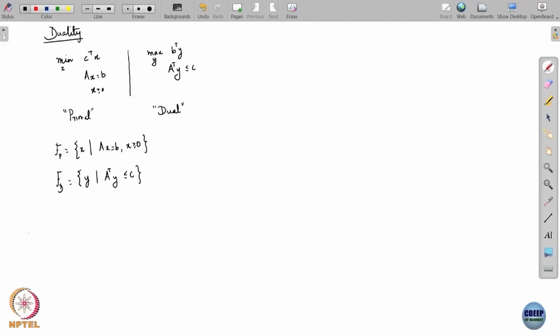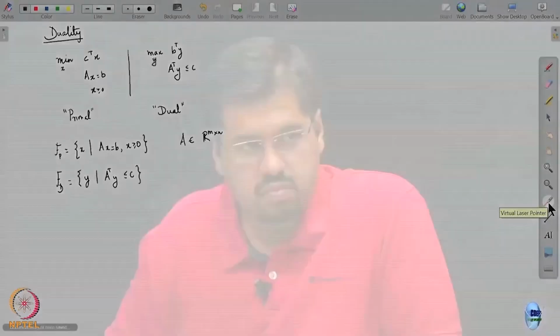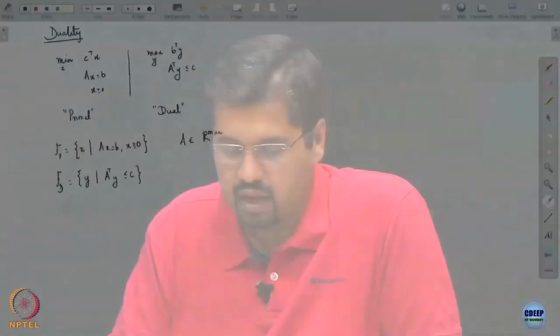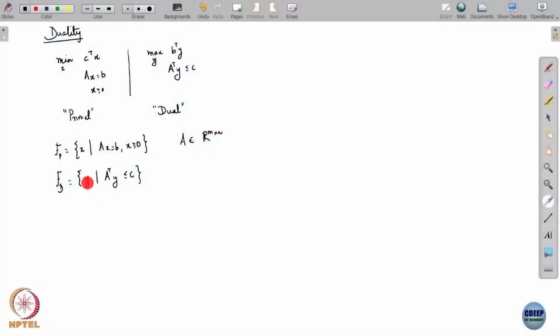Now, can someone tell me what are the spaces that these sets lie in? What is the dimension of x and what is the dimension of y? Suppose my matrix A is an m cross n matrix. Yes, x is an n length vector, and y is an m length vector.